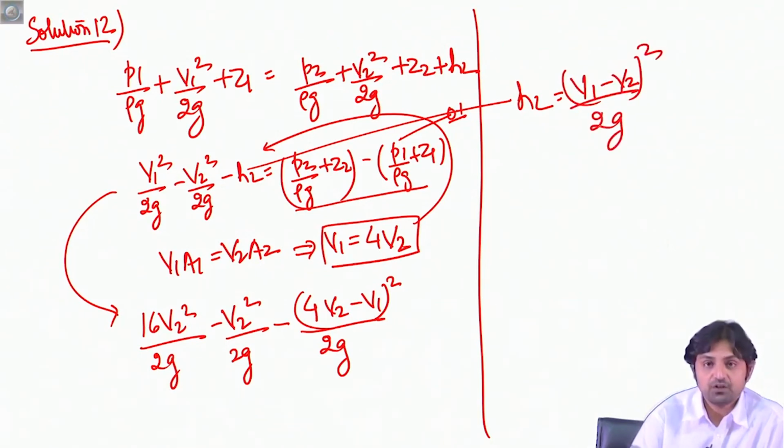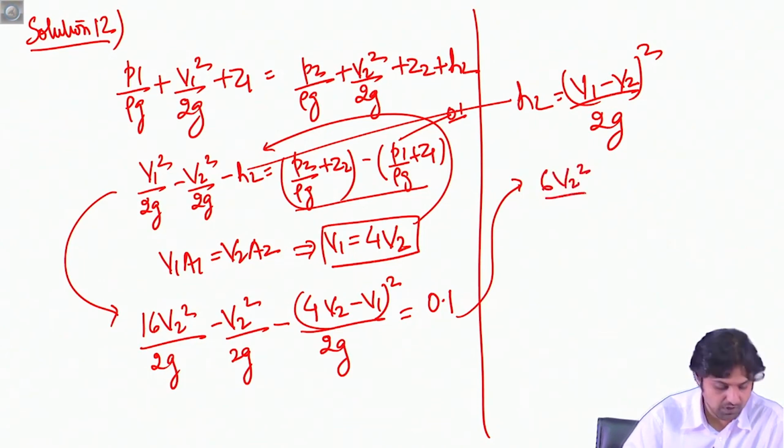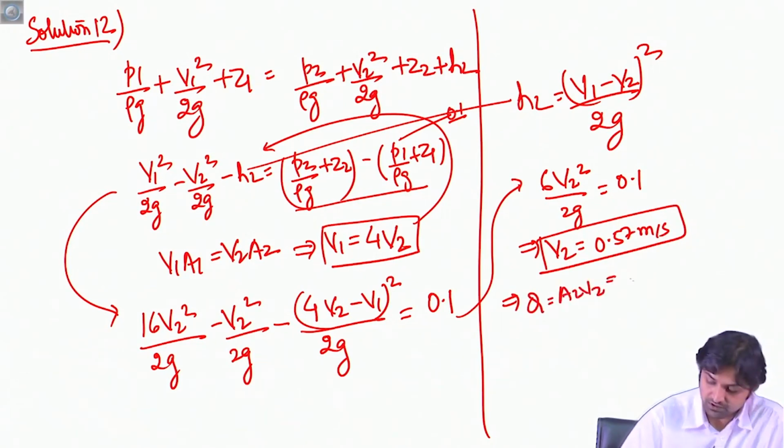If you remember the minor loss formula, it is equal to 0.1, and if you solve this equation, you are going to get 6 V2 square by 2g is equal to 0.1, which will give V2 as 0.57 meters per second, implies Q is A2 V2, which will give 0.103 meter cube per second.